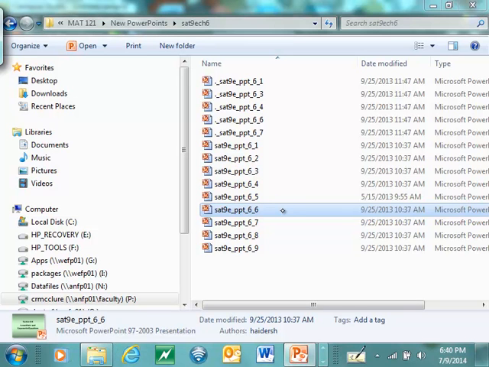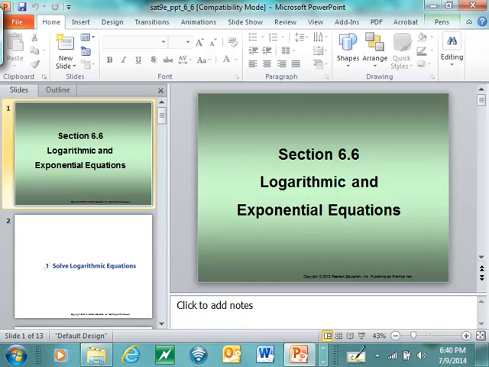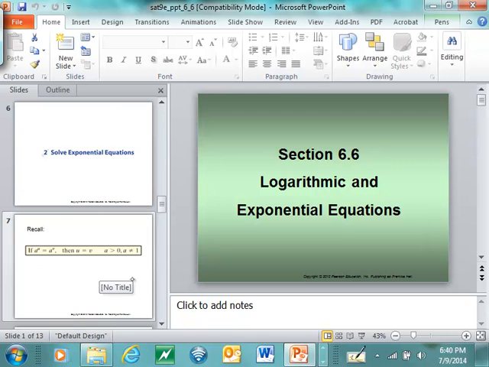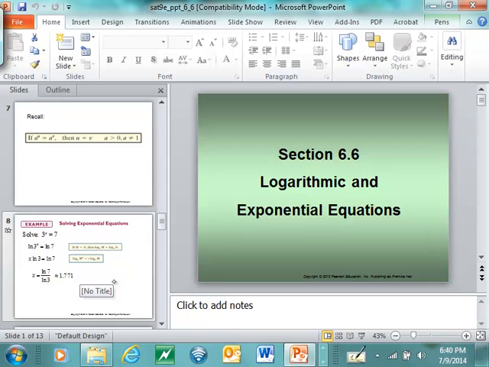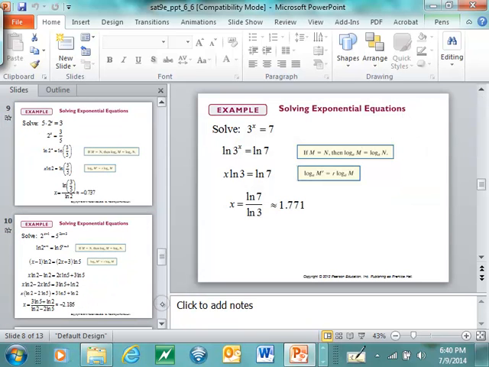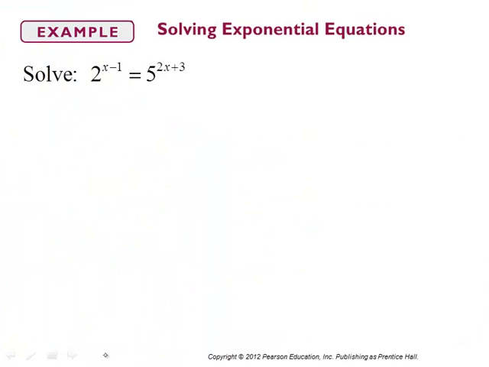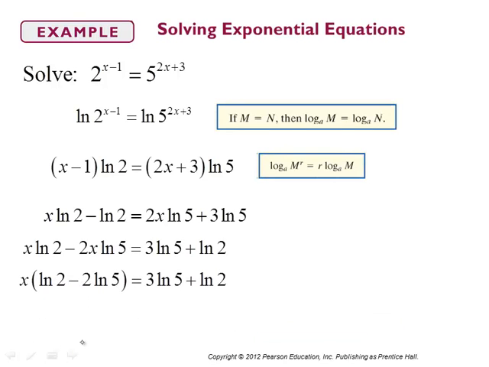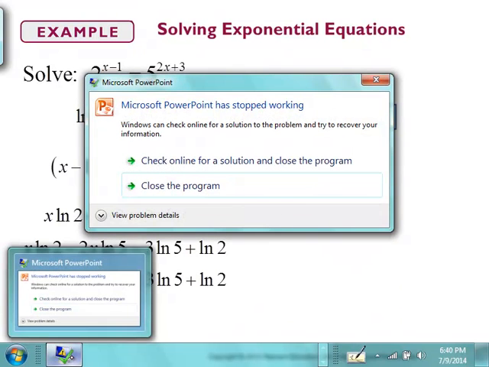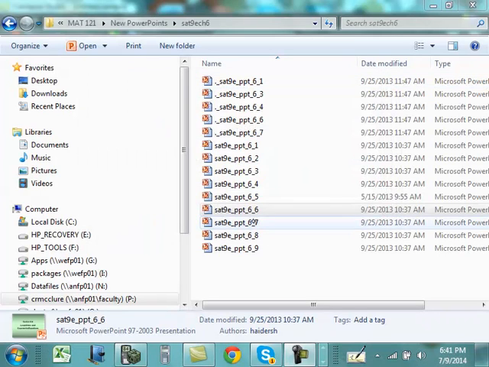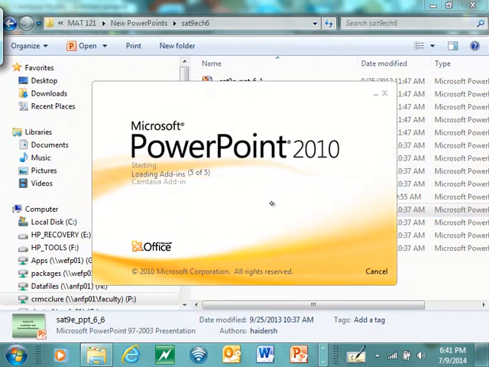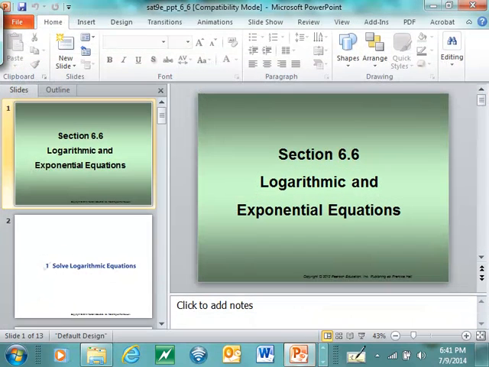Luckily I wasn't recording the ink annotations. Oh, there we go. So we're down here. Oh, that's interesting. Crashed on me again. I'm going to have to just move beyond that slide. I'll have to troubleshoot that later.